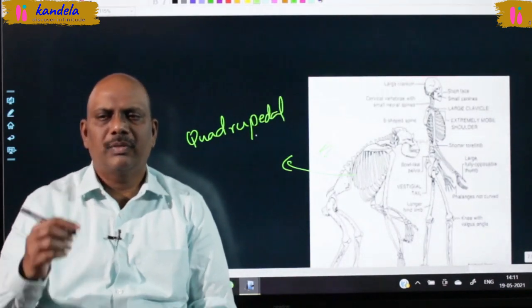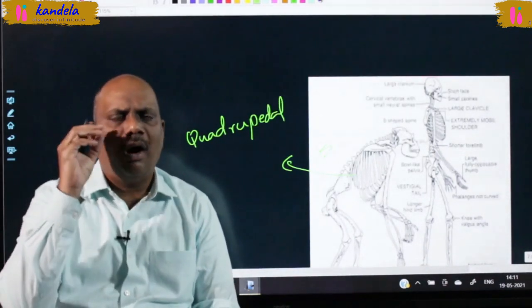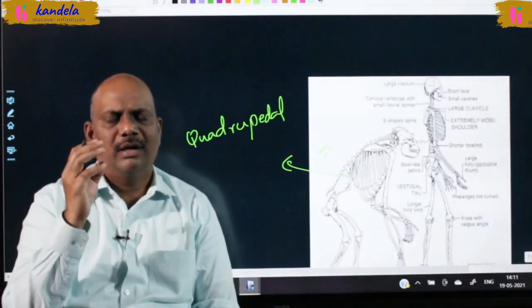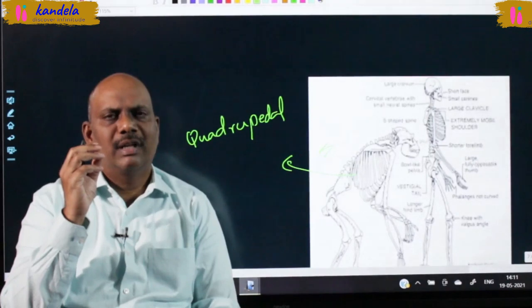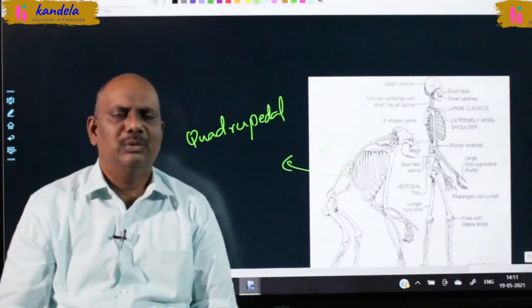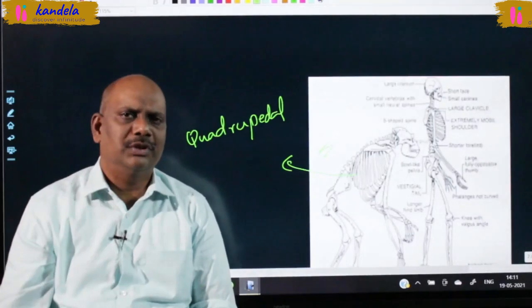Quadrupedal means using all four limbs for locomotion. Our dog is quadrupedal, donkey is quadrupedal, buffalo, cow, all these are quadrupedal, using all four limbs for locomotion.